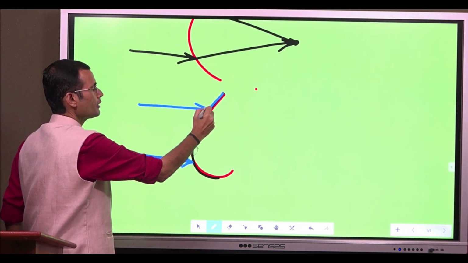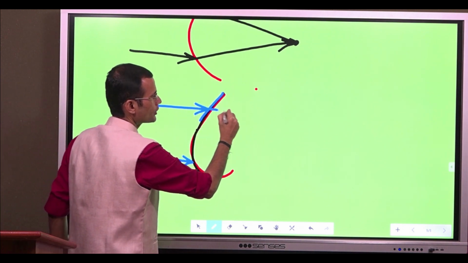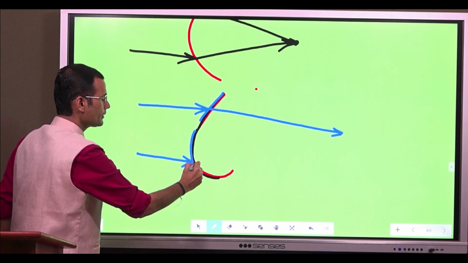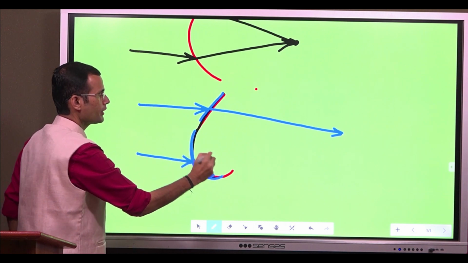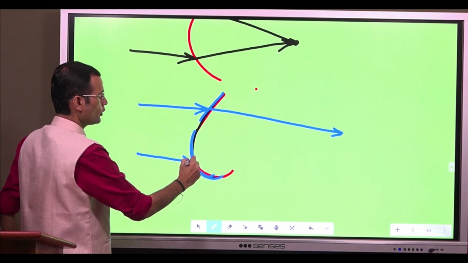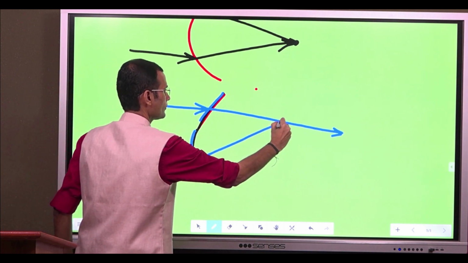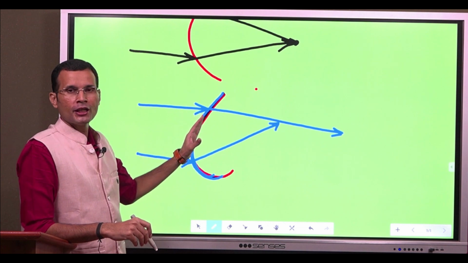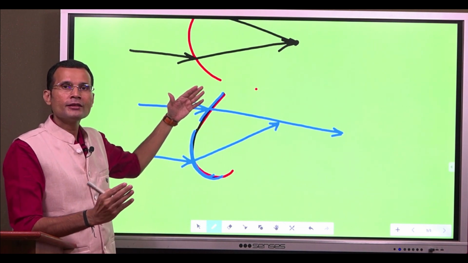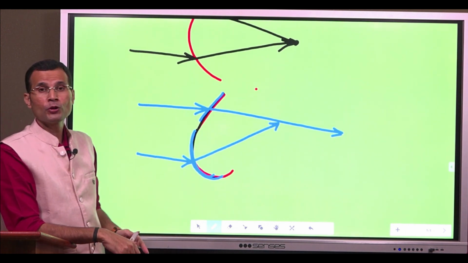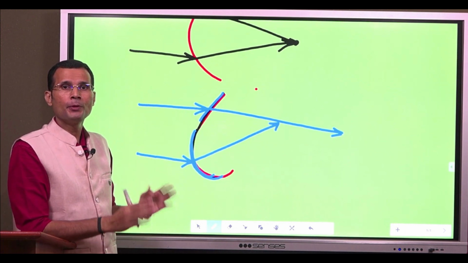This has a lesser curvature, so refraction will happen like this, and this is a greater curvature compared to the other one, so refraction will be like this. So, the parallel rays falling on the cornea will never have a single point of focus, and therefore the image will be always blurred.